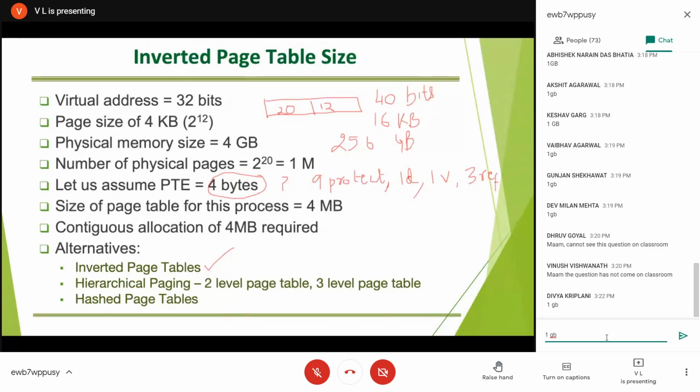And because we also need to keep the process ID, let's say the maximum number of processes at any time will be 500. Okay, so can you tell me what will be the size of the page table entry, please?